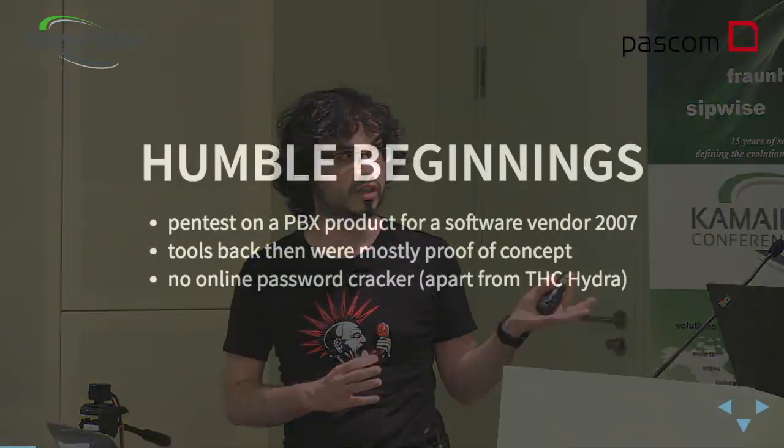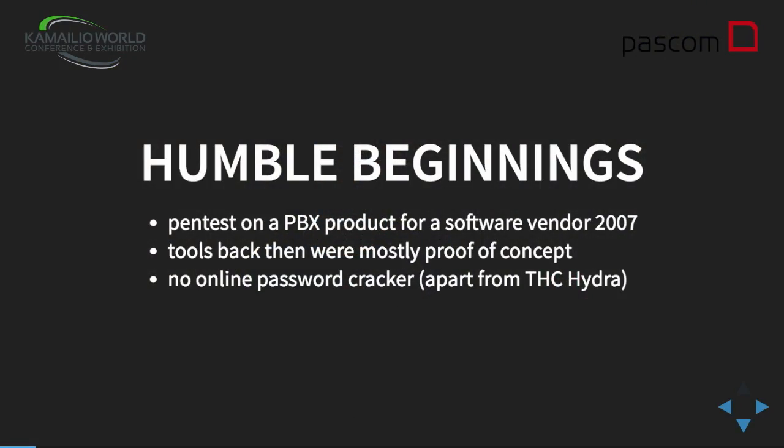There was no password cracker apart from THC Hydra, which is great and it does a lot of stuff, not just SIP. But this tool did not work for me due to SIP implementation issues from Hydra itself.